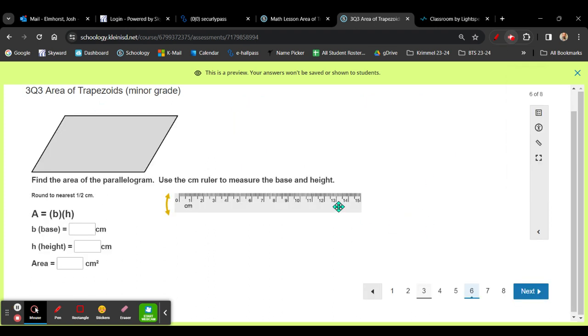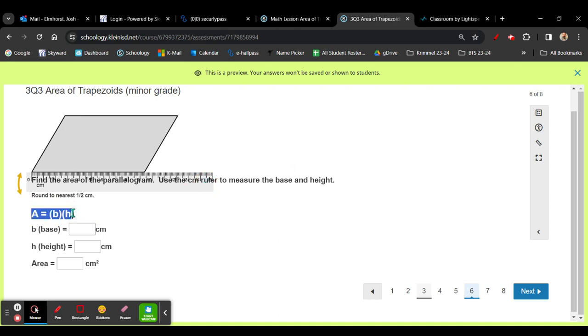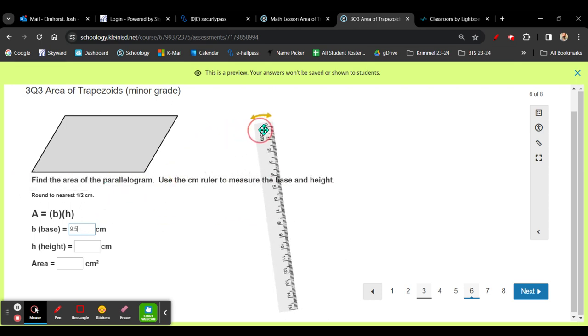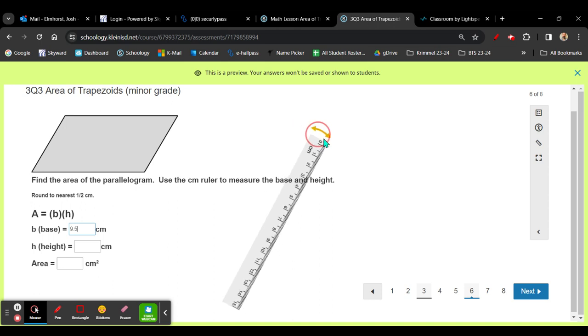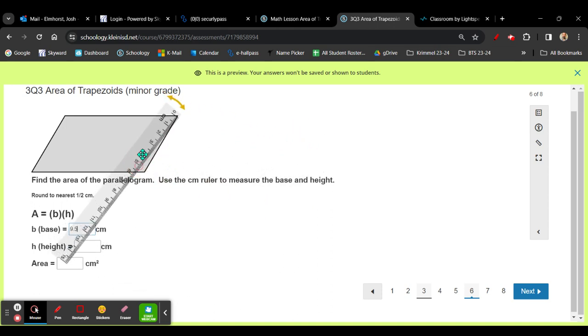Okay, question number 6. This is a parallelogram, and parallelograms can be made into rectangles with multiplying base times height. So the base measure is 9.5, and the height is going to be perpendicular. I've had some students in each one of my classes trying to measure the side length.